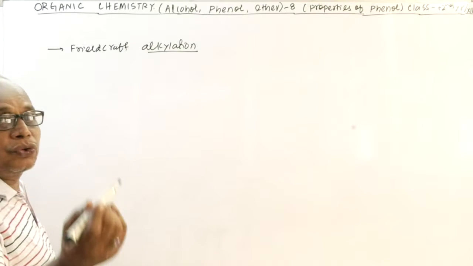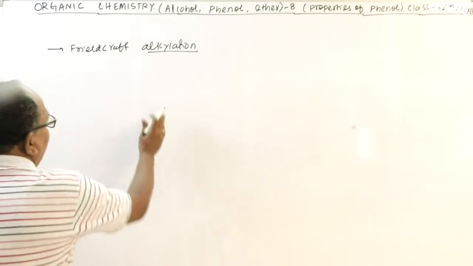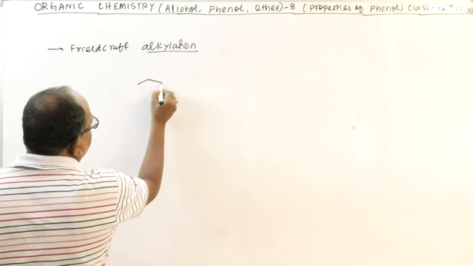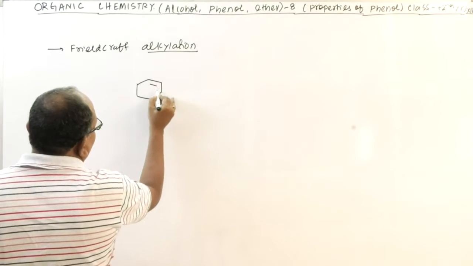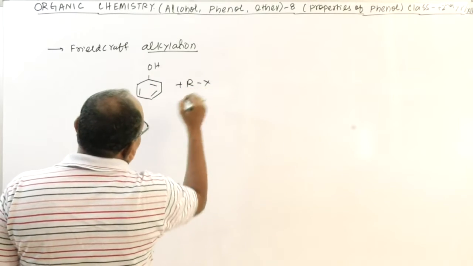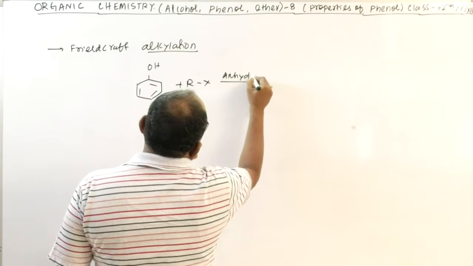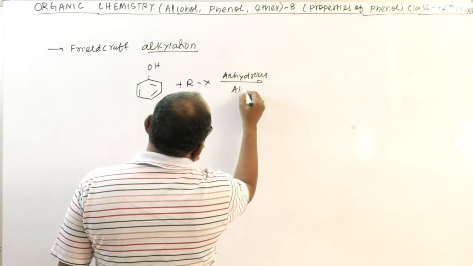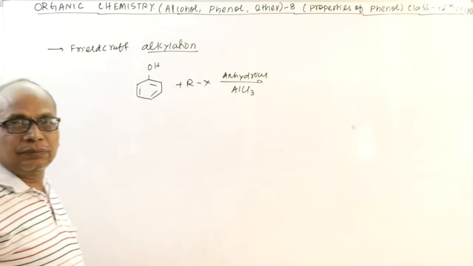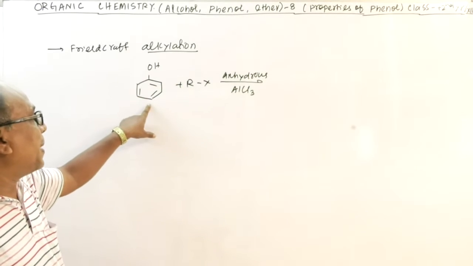Alkylation means you introduce an alkyl group at the ortho and para position of the phenol. That's why you take phenol treated with alkyl halide in the presence of anhydrous aluminum chloride. So this alkyl group will be introduced at either the ortho position or the para position.